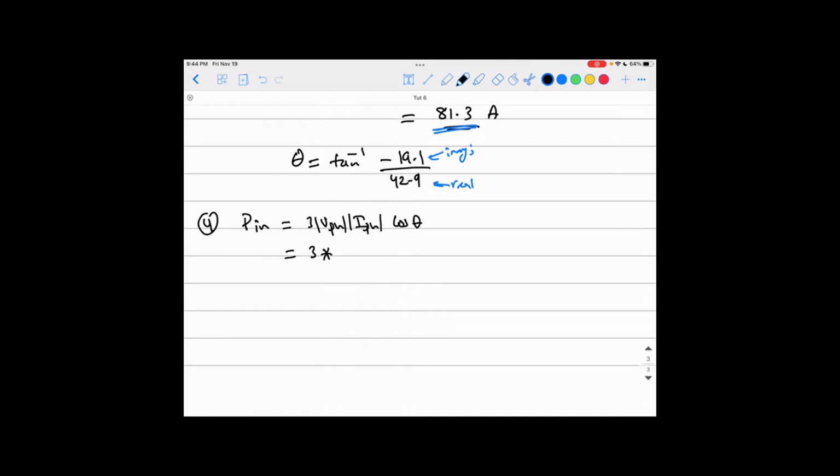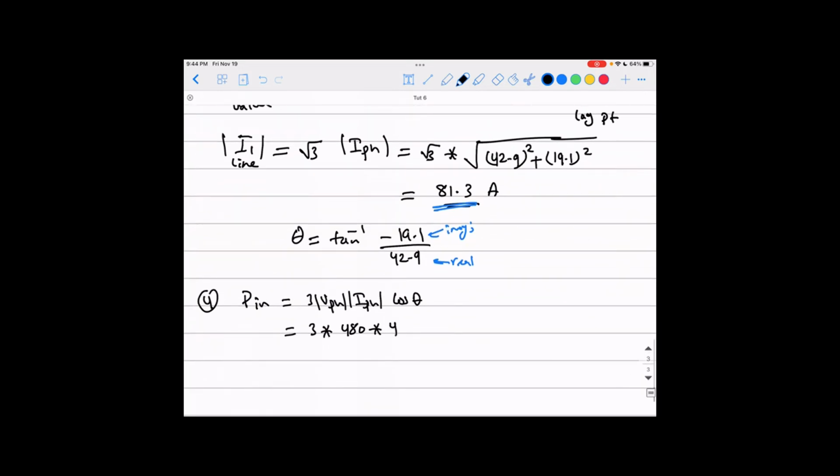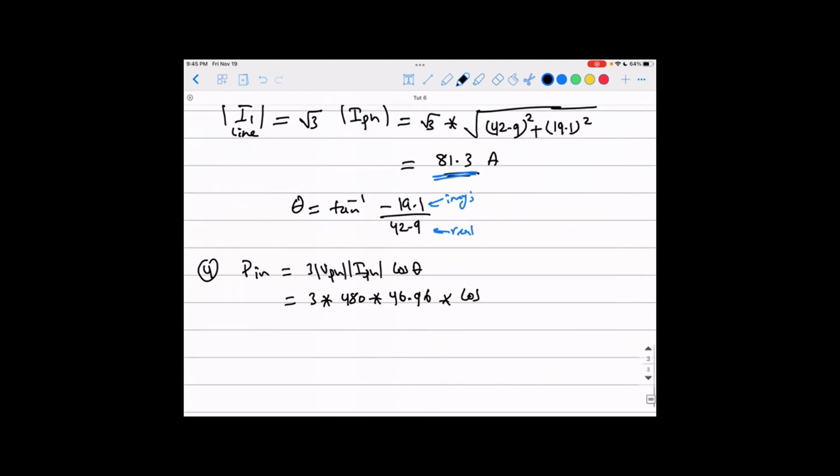So that's 3, V phase 480, I phase is here 46.96. Keep in mind that's the phase value, not the line value, which is the 81.3 we just found. We need the phase quantity here, okay? Multiplied by cosine theta, theta is 24.